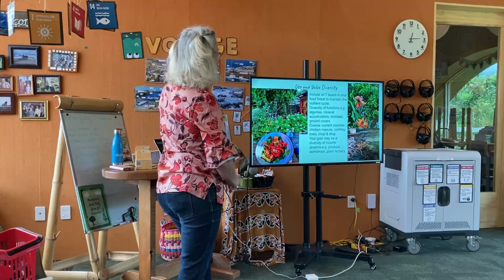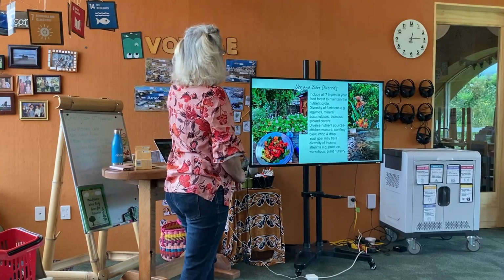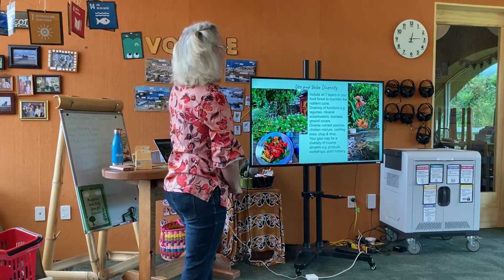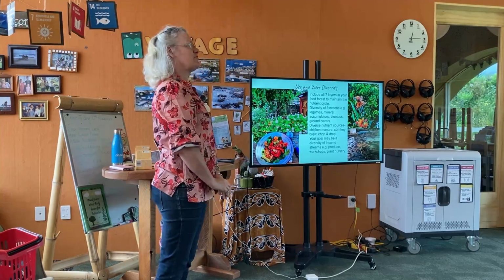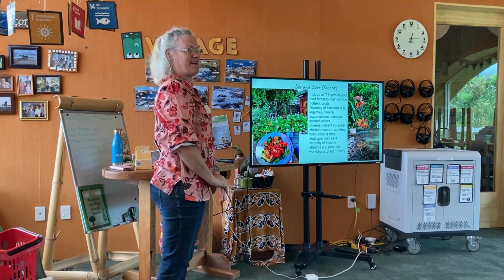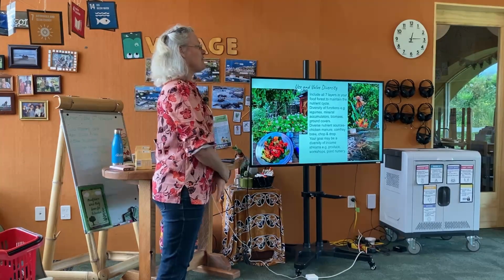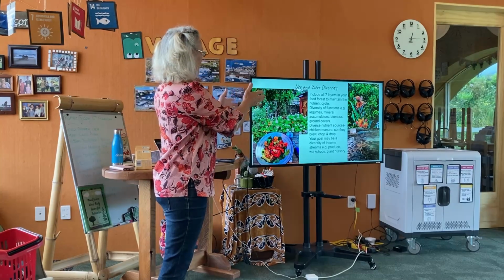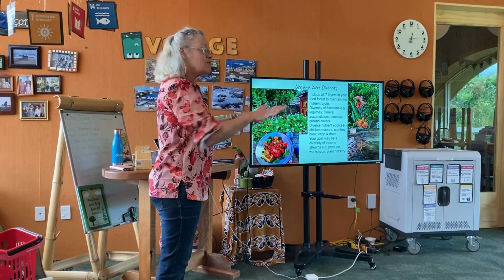Value and use diversity. So really use all seven layers in your food forest. The first book I ever got was Kay Baxter's book, Design Your Own Food Forest, from Kawanga Nurseries, and it was so fascinating. That really got me started on how to use all your seven layers.